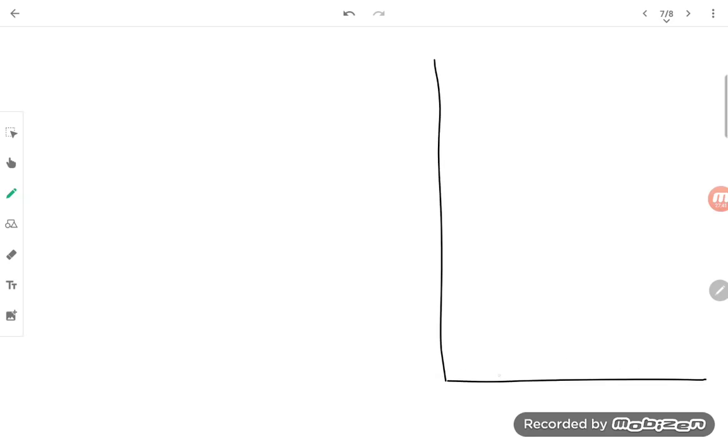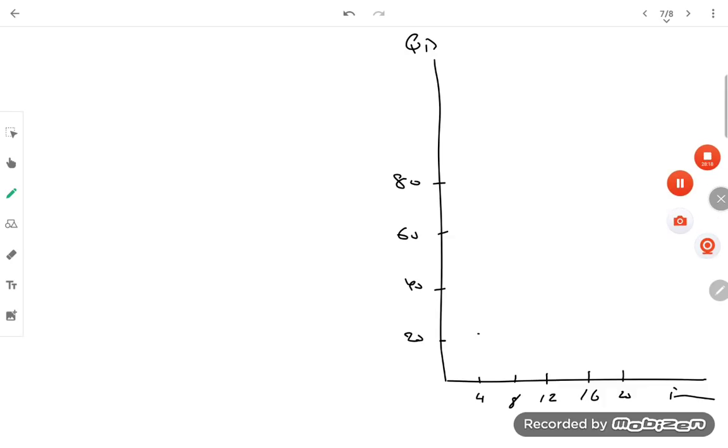Okay, here's our example. This is the scatter diagram using the actual data.